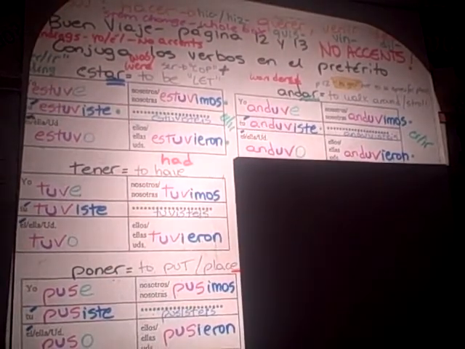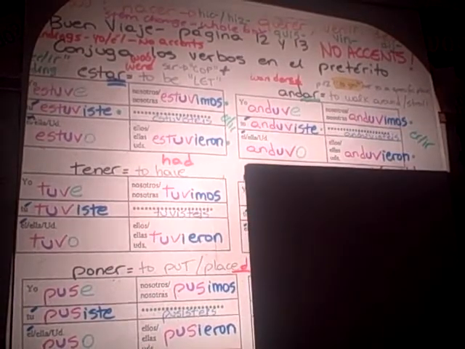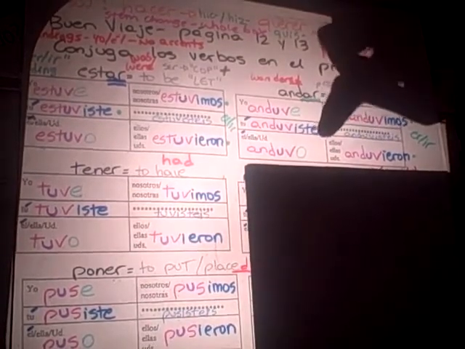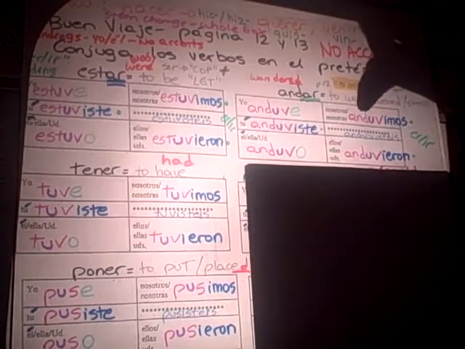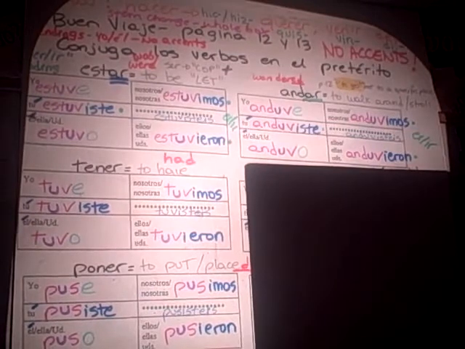Anduve, anduviste, anduvo, anduvimos, anduvieron. Always good to write down your vosotros form, but you won't be responsible for it. Again, that is the other AR verb that is still using ER and IR endings in these three places, and then AR endings for these two with no accents, just because it's part of this family of verbs that uses this set of endings.